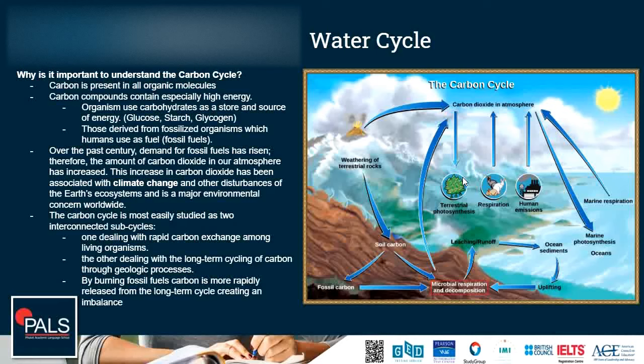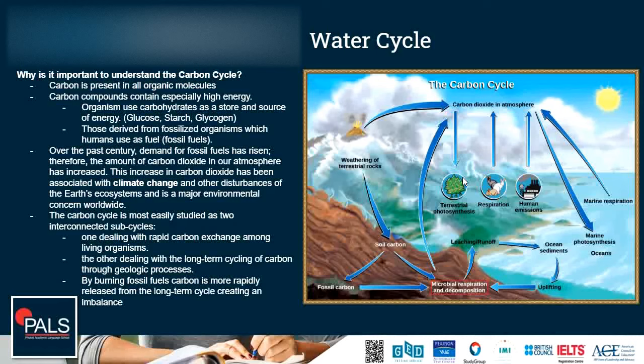Thinking of organisms' lifespans in terms of geological times, they are very short. Plus, we are constantly exchanging carbon from our body with the environment. Carbon that we take in doesn't stay in our body our whole life. Whenever we breathe out carbon dioxide, that carbon dioxide was part of our body, and so it leaves our body again. So this is the very rapid and fast exchange of carbon.